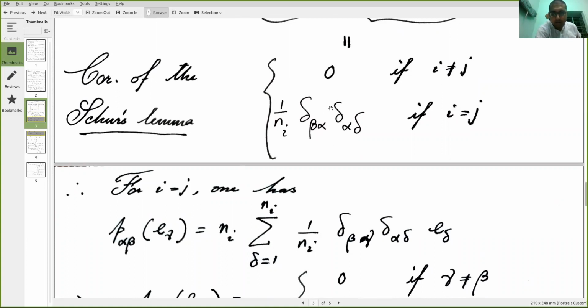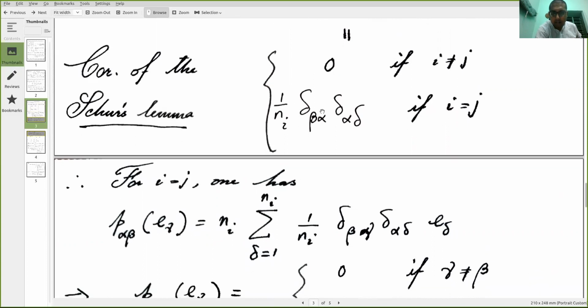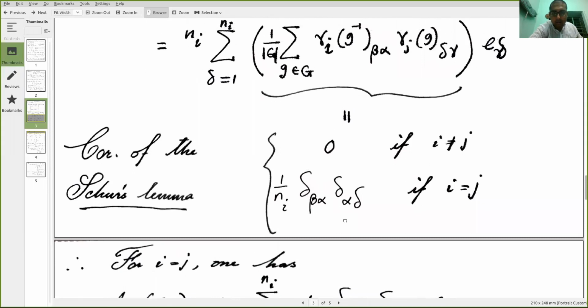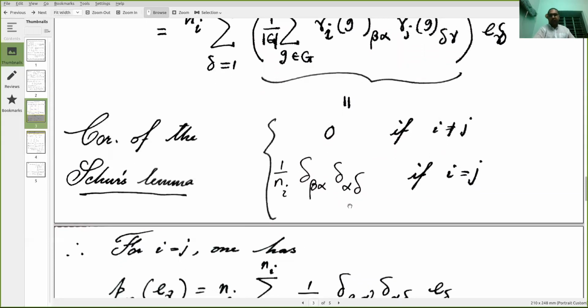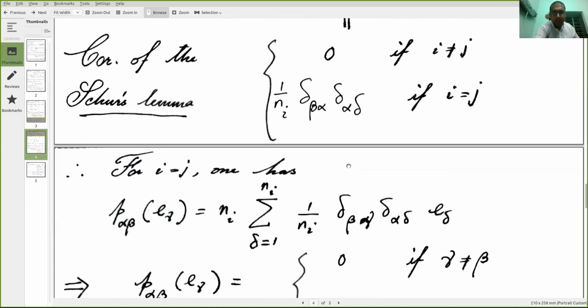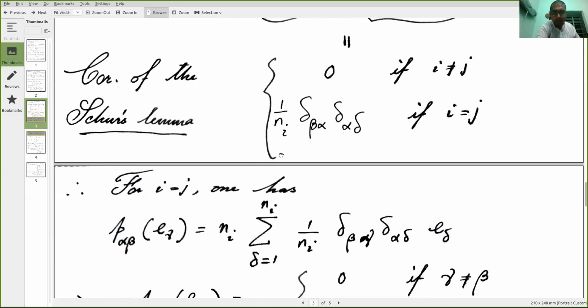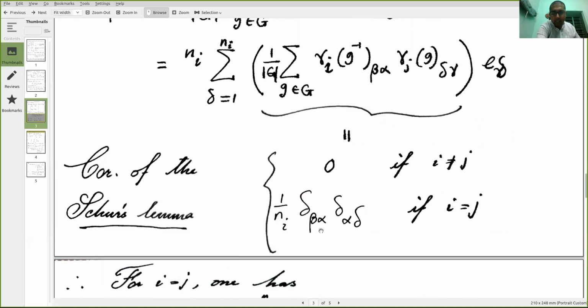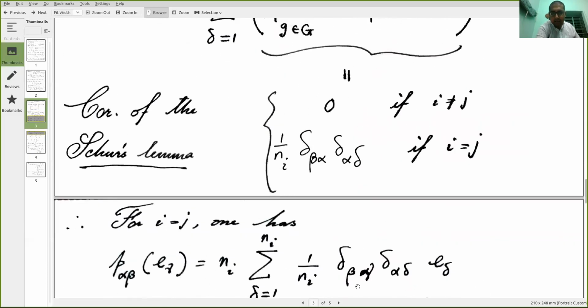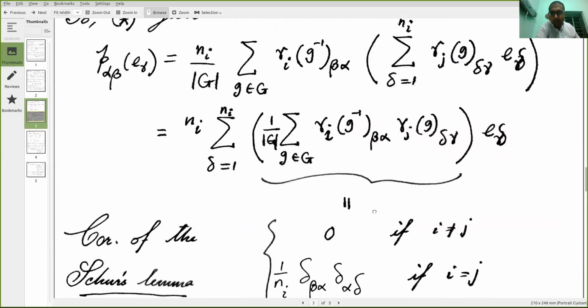Instead of delta beta alpha, it will be delta beta gamma. There's a minor mistake, I'm sorry for that, but please take note that this is not just delta beta alpha, this is delta beta gamma. So in that case, P alpha beta of E gamma should be P alpha beta, n_i, the summation, and then this quantity will appear here.